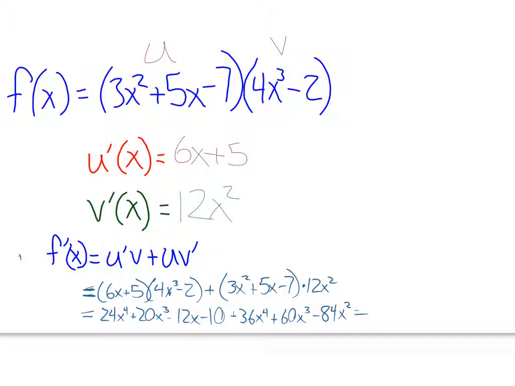And now we combine our like terms. 24 and 36 would be 60x to the fourth. 20 plus 60 is 80x cubed. We have a minus 84x squared.